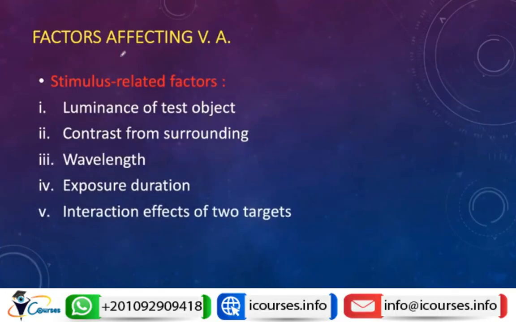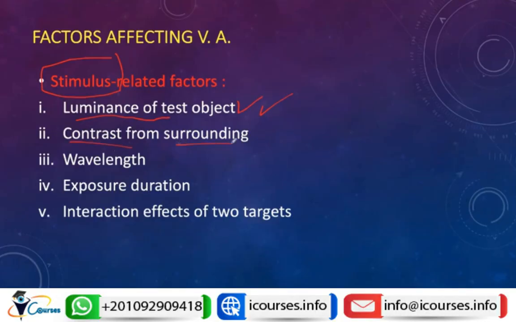There are factors related to the stimulus itself. We have the luminance of the test subject, meaning that if the test subject is very bright, this will improve the visual acuity, and the patient can see smaller optotypes. But if the luminance of the test object or the test chart is minimal or dim, then logically the patient will not see the smaller optotypes.